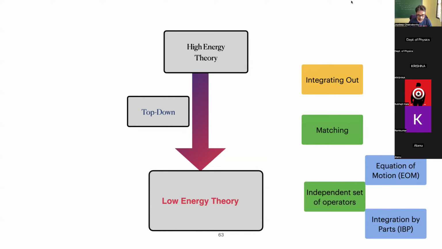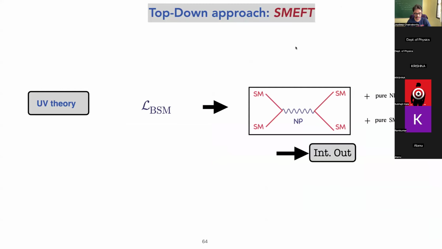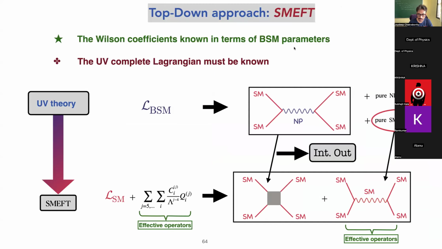Then we have seen, in this example, that if you start with our UV theory and look at standard model scattering, your asymptotic states are basically standard model. So all the new physics appears only as an intermediate state, not as an asymptotic state. Then you can integrate out those new physics modes, and effectively you get the effective operators along with the standard model.